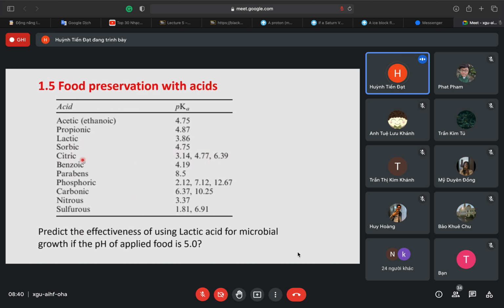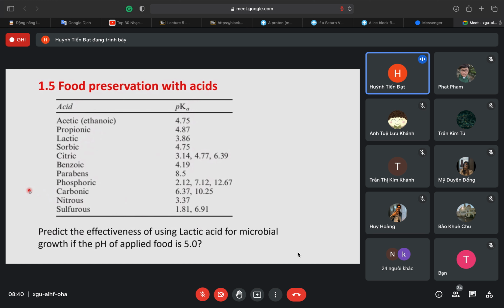Like citric acid containing three carboxyl groups. So sometimes they have one pKa, and some of them have two or three. So you got the acid here, you got the pKa here, and now we can predict.